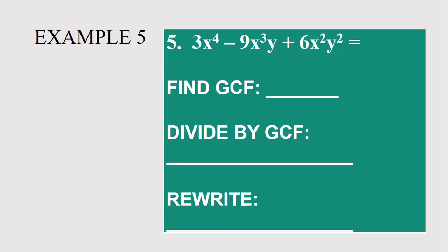Exactly. So like on this one, what do they have in common? So they each have x's, and how many x's do they have in common? Remember when I asked out loud, if I have x squared and x to the 4, what is their greatest common factor and what is their least?